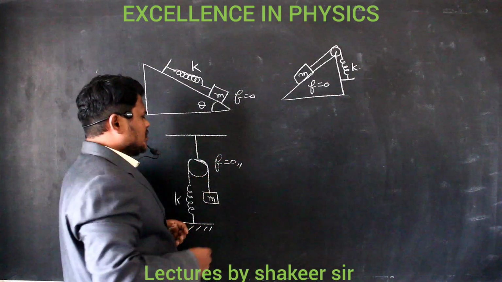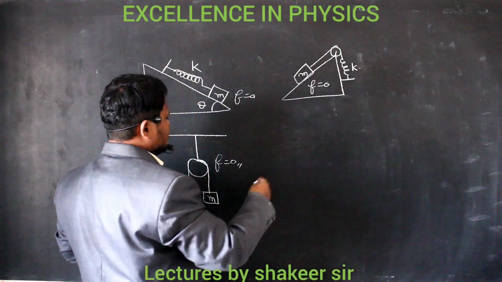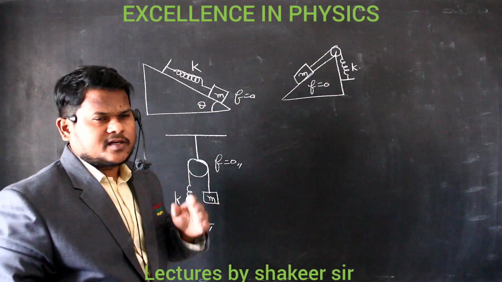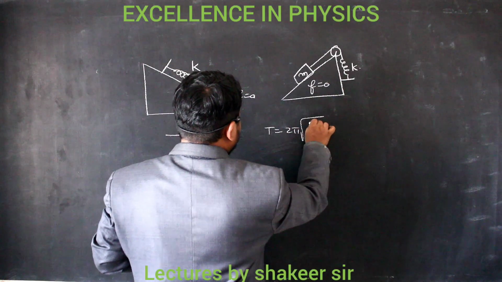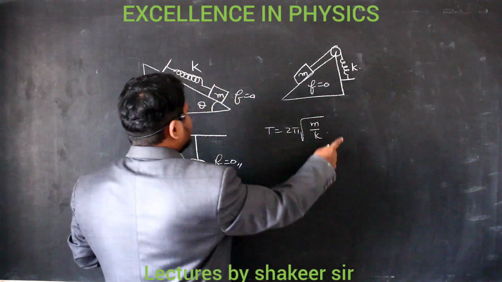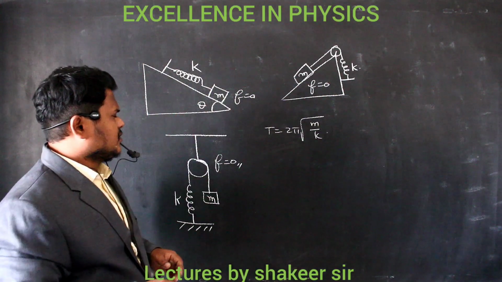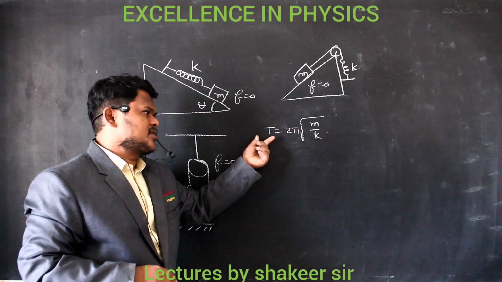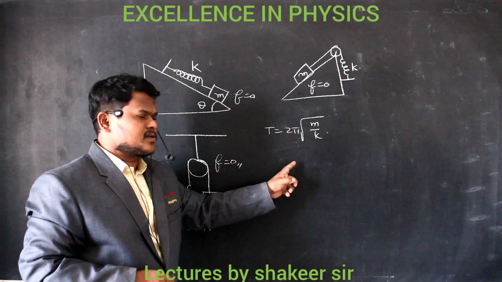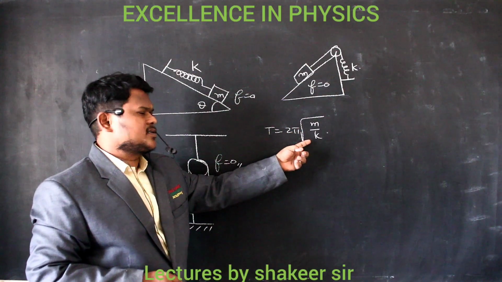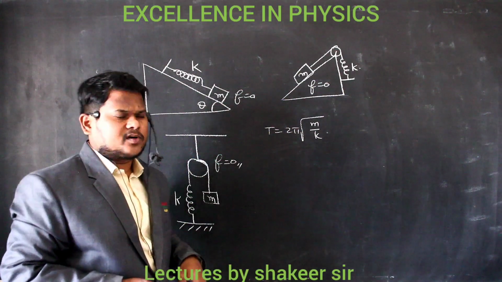Generally for a horizontally loaded spring and a vertically loaded spring, what was the equation of time period we have written? We have written T is equal to 2 pi root m by k. Now what about these conditions? For these conditions, how can I change this relation? The answer is, we need not change this relation because the mass is not changing and the k value is also not changing.